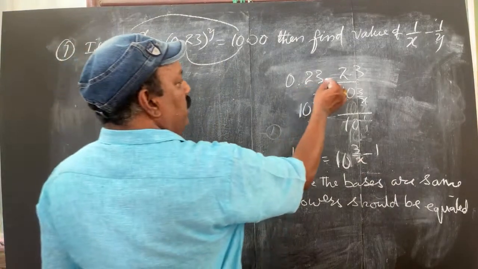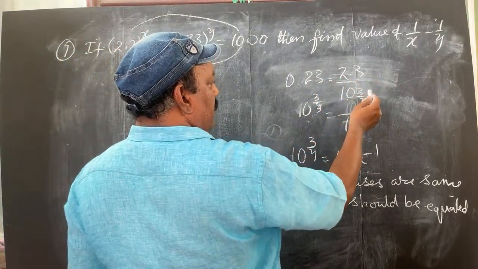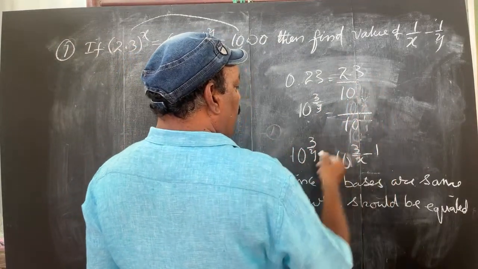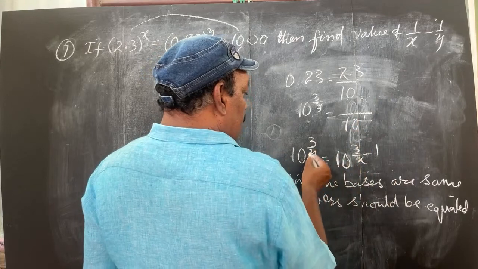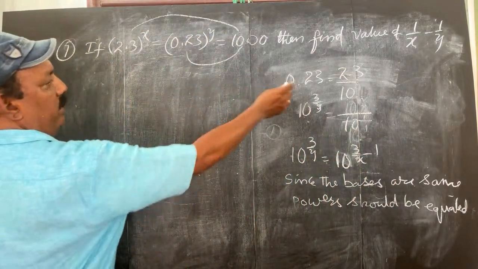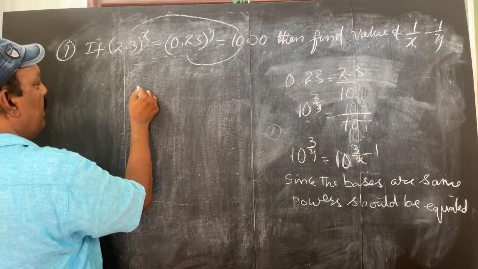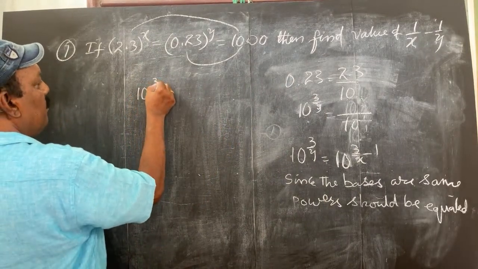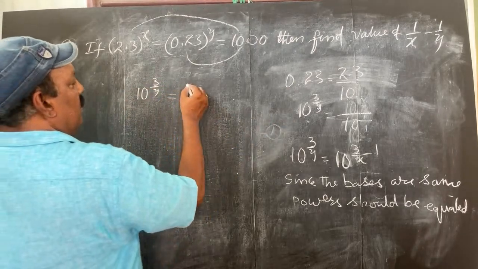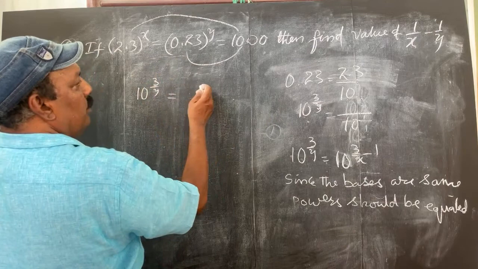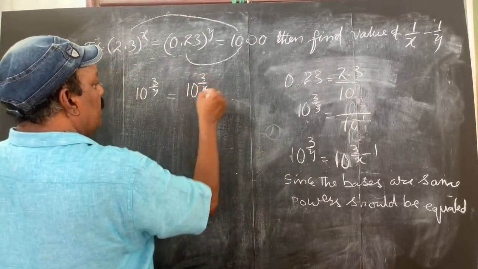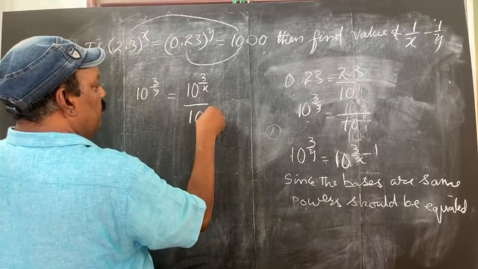Now 0.23 is equal to 2.3 by 10 here. Because all the equations are the same, once again I am placing 10 to the power of 3 by y in place of 0.23, and in place of 2.3 I am writing 10 to the power of 3 by x, and by 10 to the power of 1.